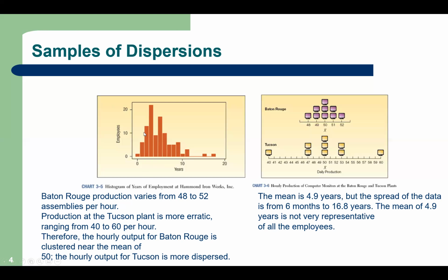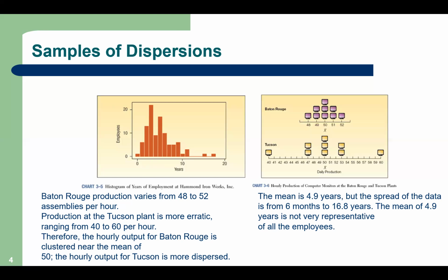Some have more than 13 or 14 years of service. Some have more than 15 years. Some have about 10 years, 8 years of service. But the mean is 4.9 years.